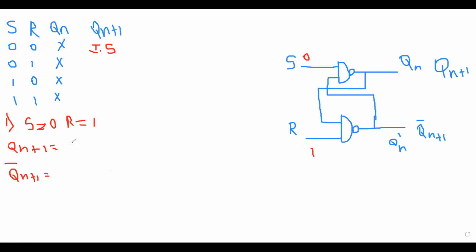So here 0 into Qn bar whole bar, and it's equal to 0 bar, we get 1 here, and here 1 into Qn whole bar. So here I get Qn bar. So now I can write the value for the next state as 1.